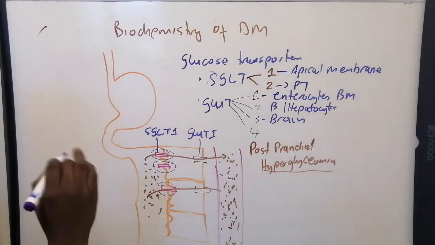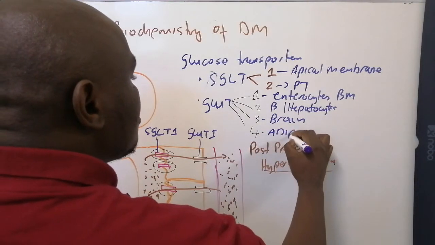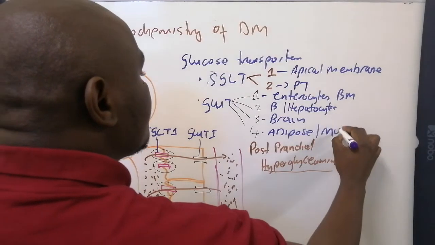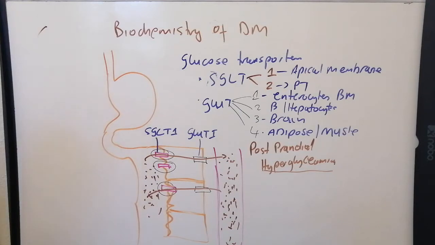And then glucose transporter 4 is found in the adipose fat tissue, and in the muscle. Very important, guys, because we are going to talk about those later on. So now let's move forward knowing this information.